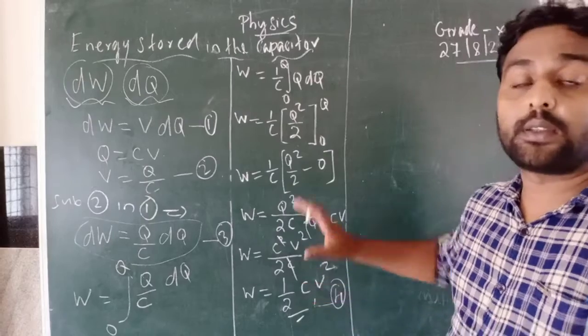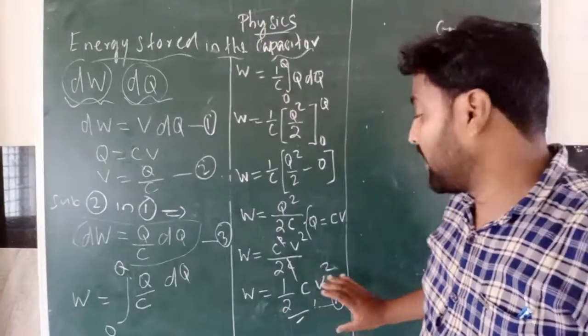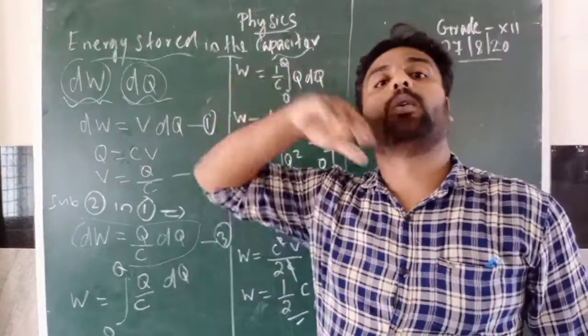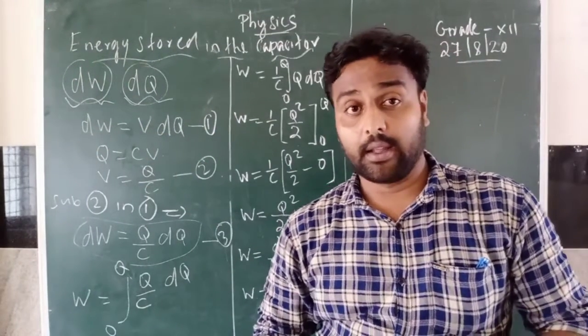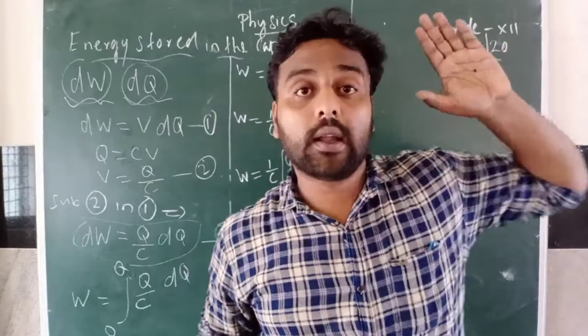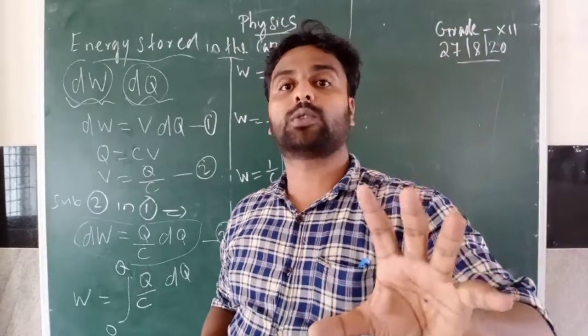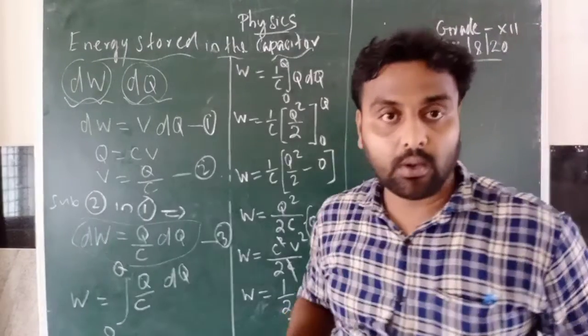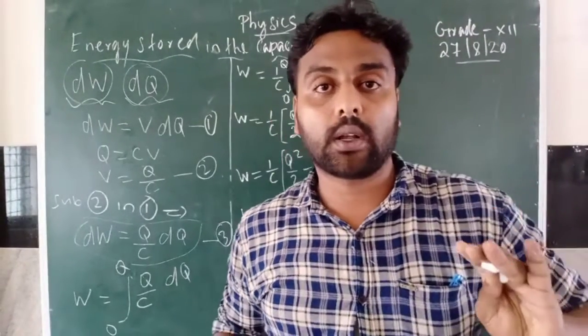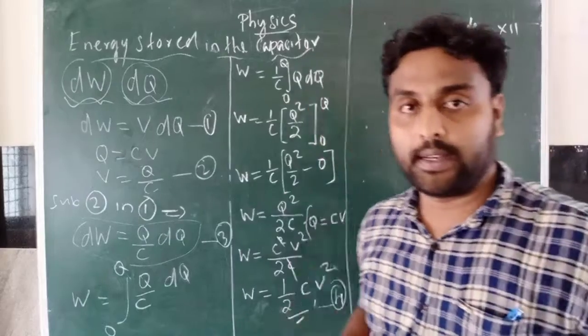Now this much is the total work done by the battery to transfer all the charges from one plate to another plate. And you know, the work done is equal to the stored energy. So the work done is equal to what? Stored potential energy.